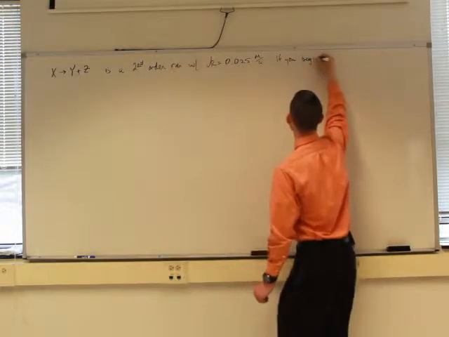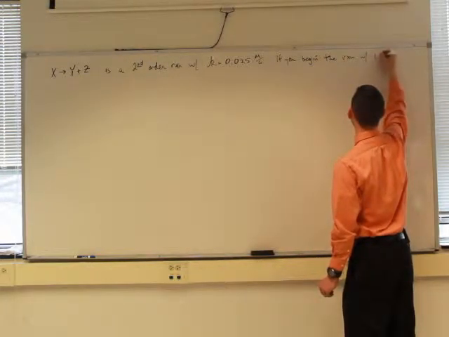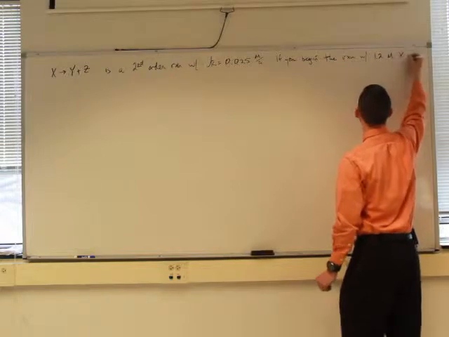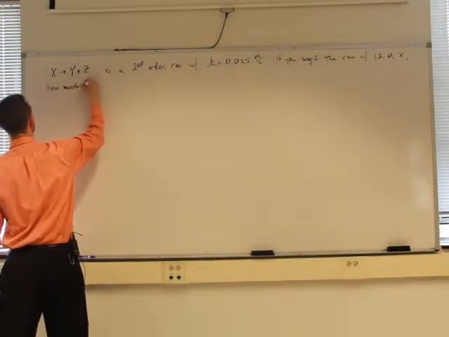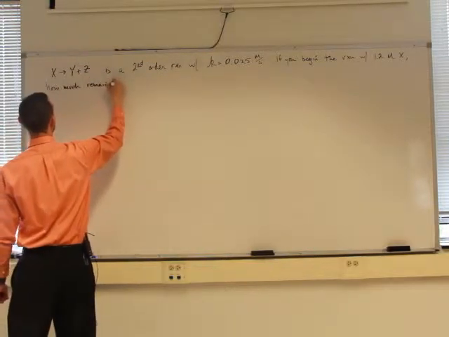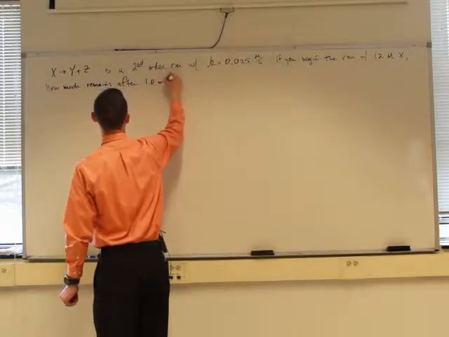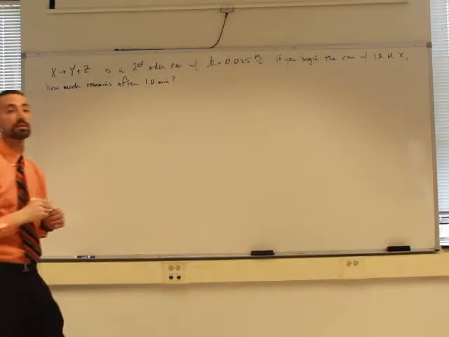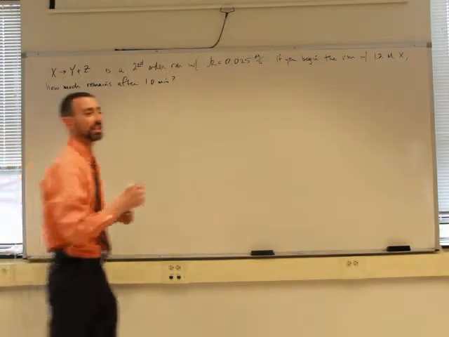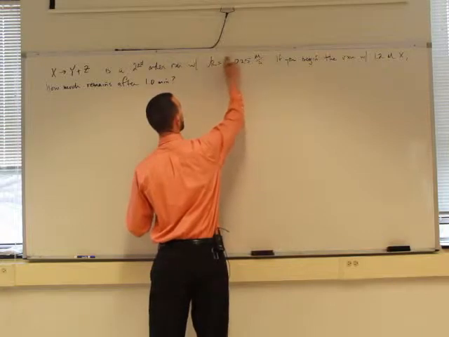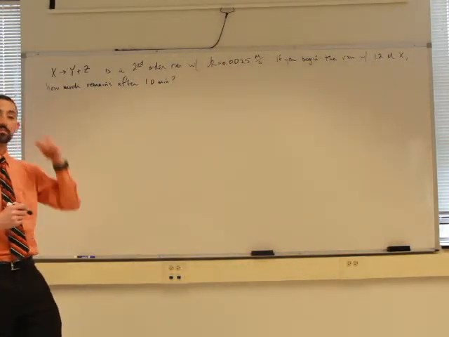If you begin the reaction with 1.2 molar x, how much remains after 1.0 minutes? I think I need to change my rate constant. I'm going to add another 0. 0.0025. Okay?